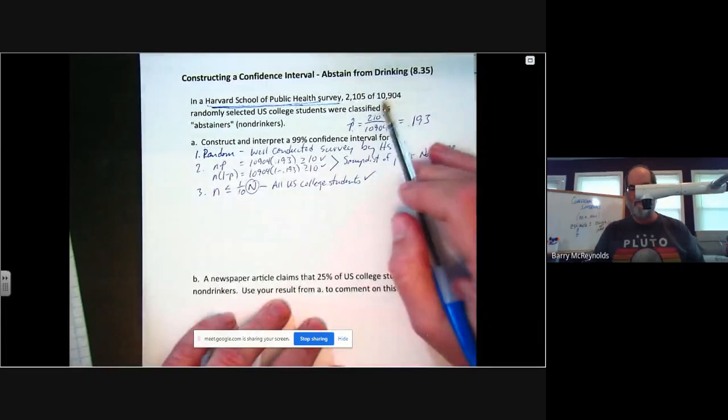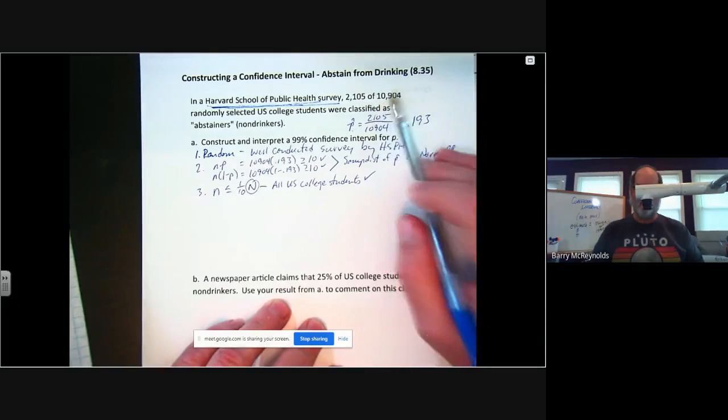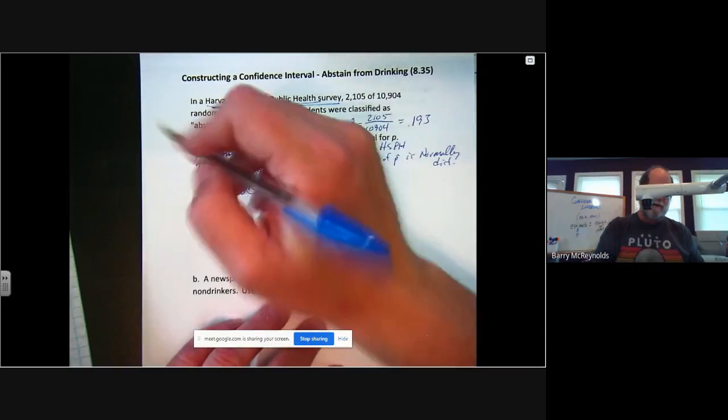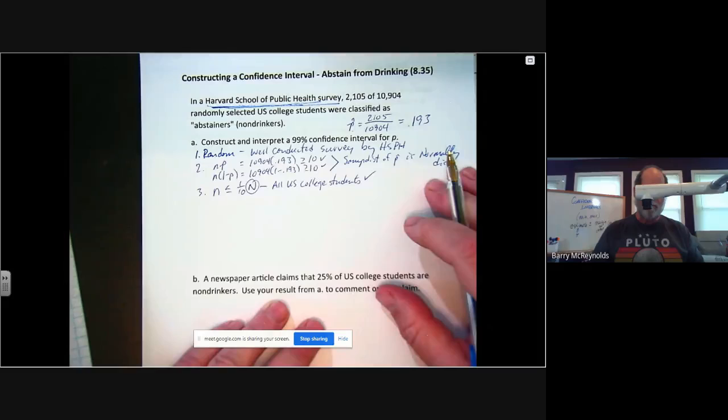Heck, there's probably more than 100,000 college students in the state of Kentucky. So we're going to say that these three conditions are met. And so we can go ahead and proceed with our confidence interval.